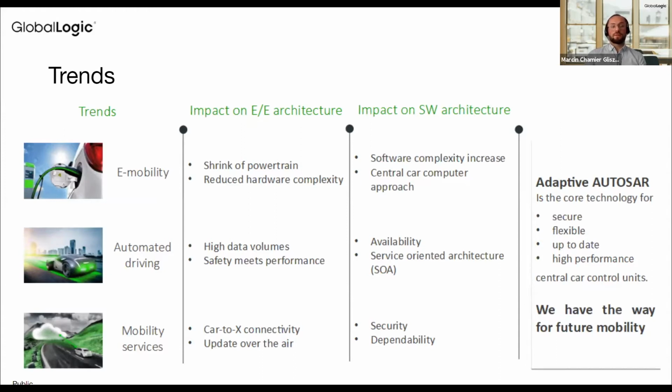The last trend is mobile services, car-to-X connectivity, update of the system over the air or downloading applications. This has to be secured, and the response from the automotive industry, or AUTOSAR, is introducing the AUTOSAR adaptive platform, which is secure, flexible, can provide high performance, and can support service-oriented architecture.